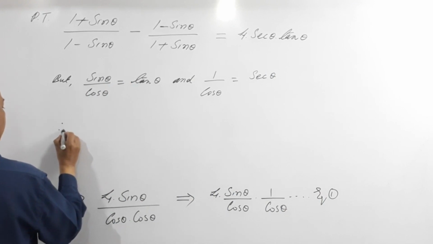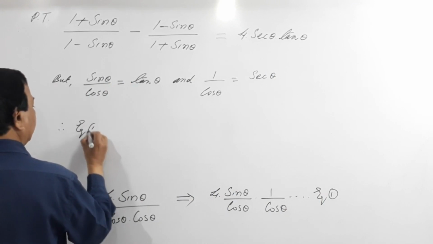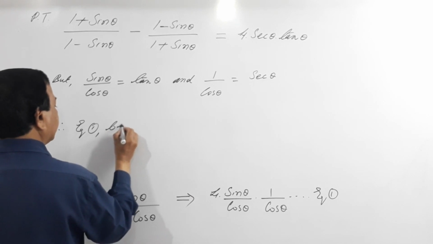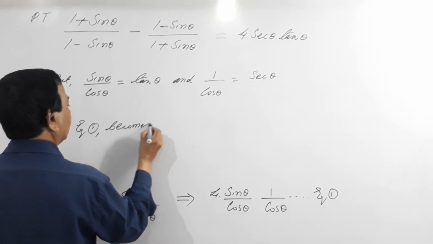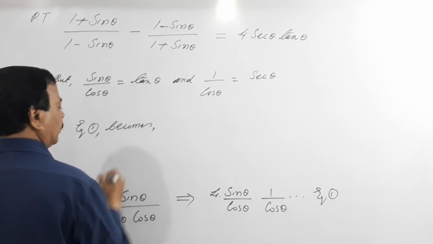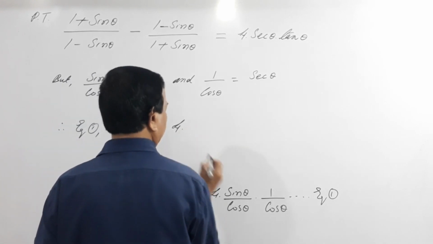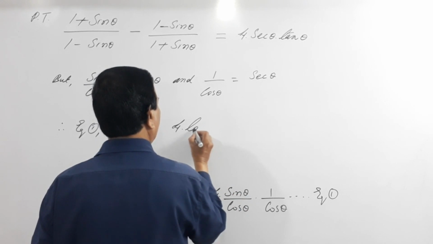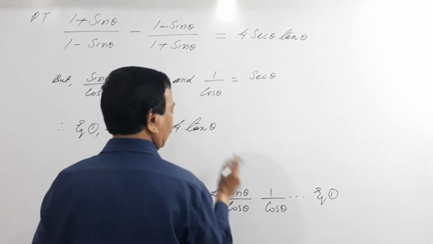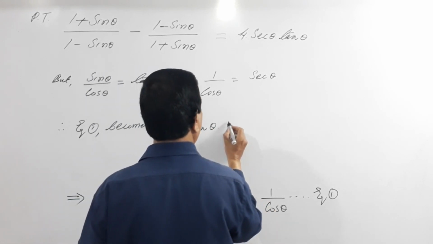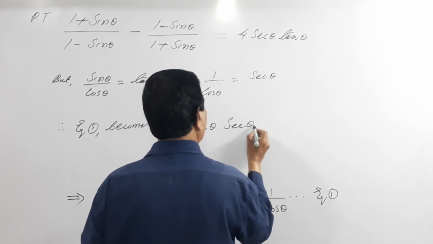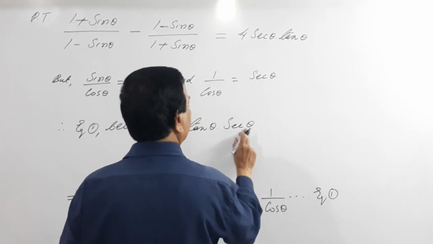Therefore equation 1 becomes what? 4 into sin by cos is tan, 1 by cos is secant theta.